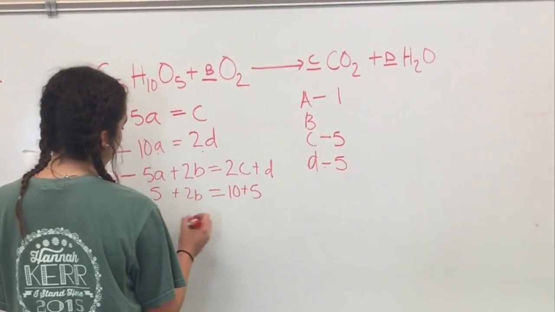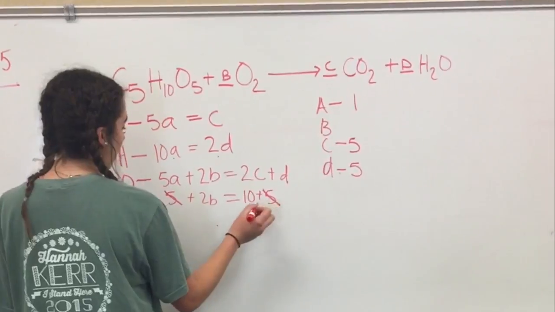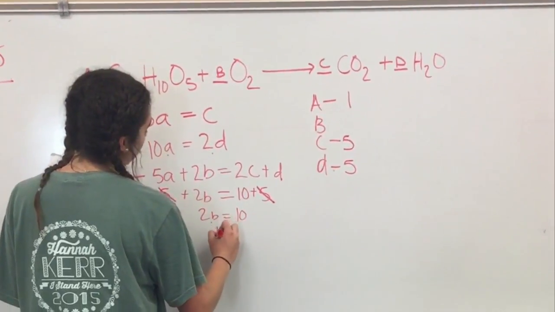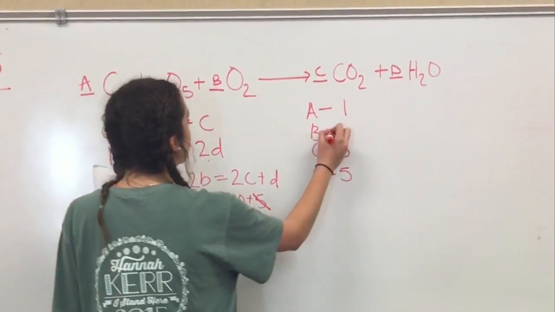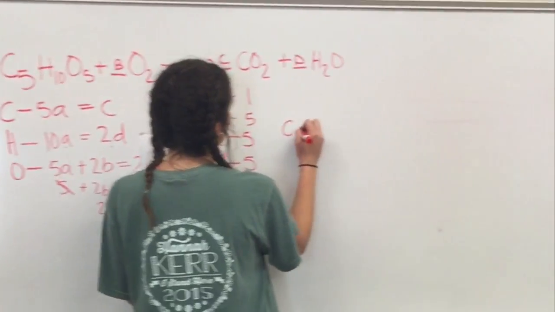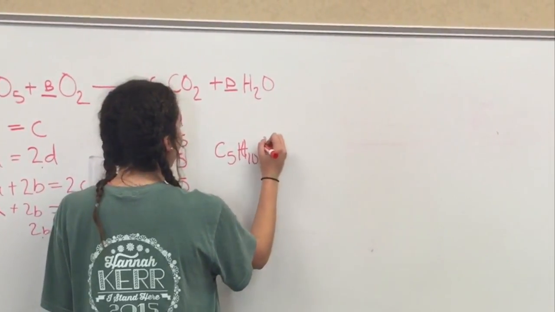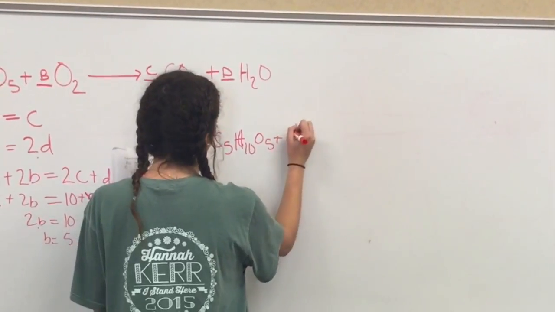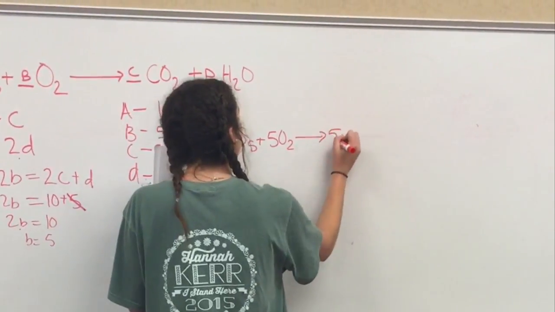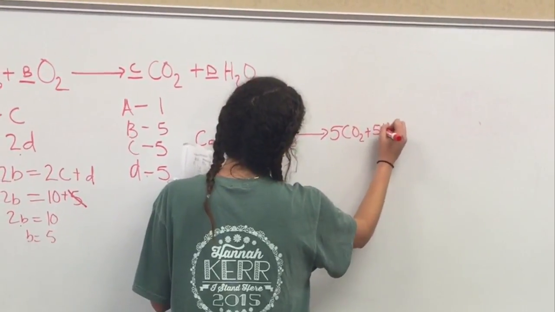So then we can subtract this 5, and this 5 will cancel out. So we have 2B equals 10, so B equals 5. And when you write out your balanced equation, you have C5H10O5 plus 5 O2 yields 5 carbon dioxide plus 5 water.